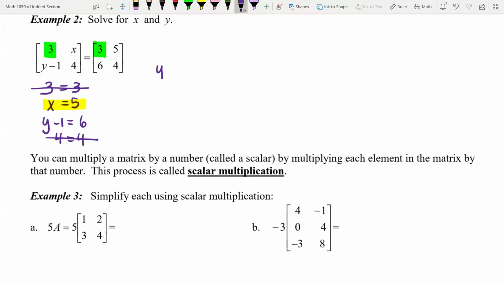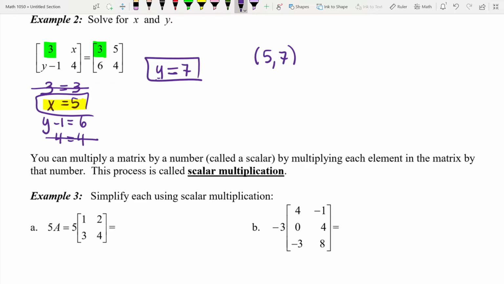Okay, now I want to say something right here. Oh, my pen is not working. I get y equals 7. There are your 2 answers, okay? Now I want to say something. You do not need to write this as the ordered pair 5, 7.